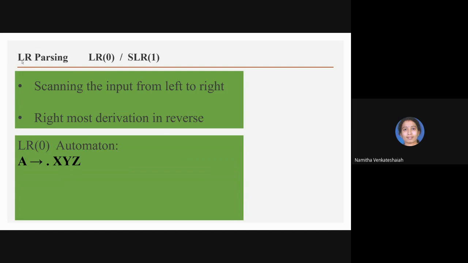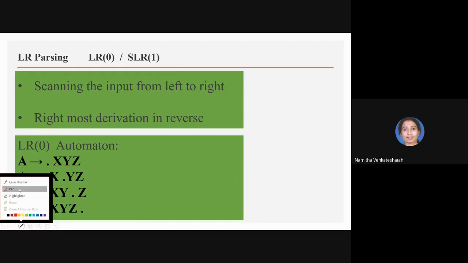But right now, just try to understand: if in the first stage the dot is here, in the next stage the dot will move one terminal or non-terminal after that. Next stage, like this, and this is the last step. This we will understand, how to do this. But you just know that in LR0, in each and every step we will be moving the dot, and when it comes to the end, we will stop that particular procedure.